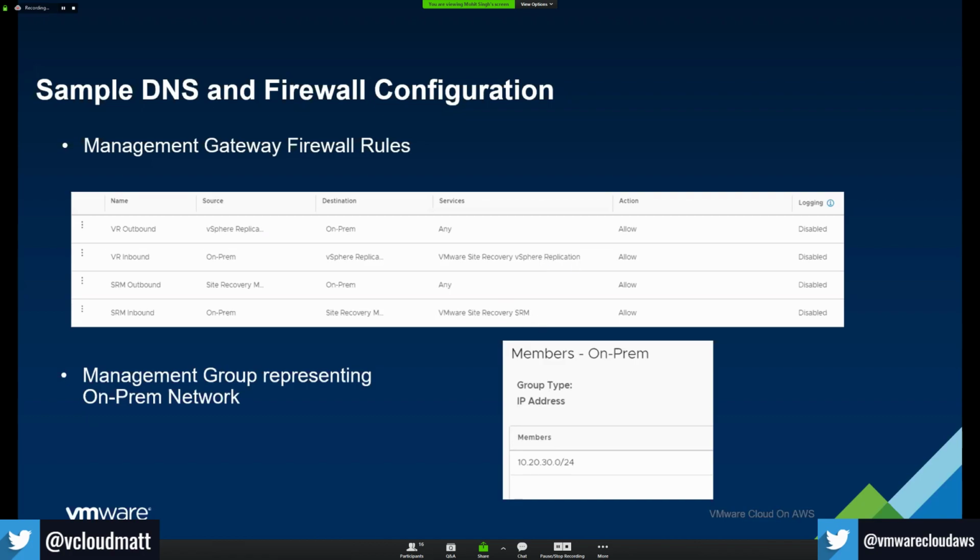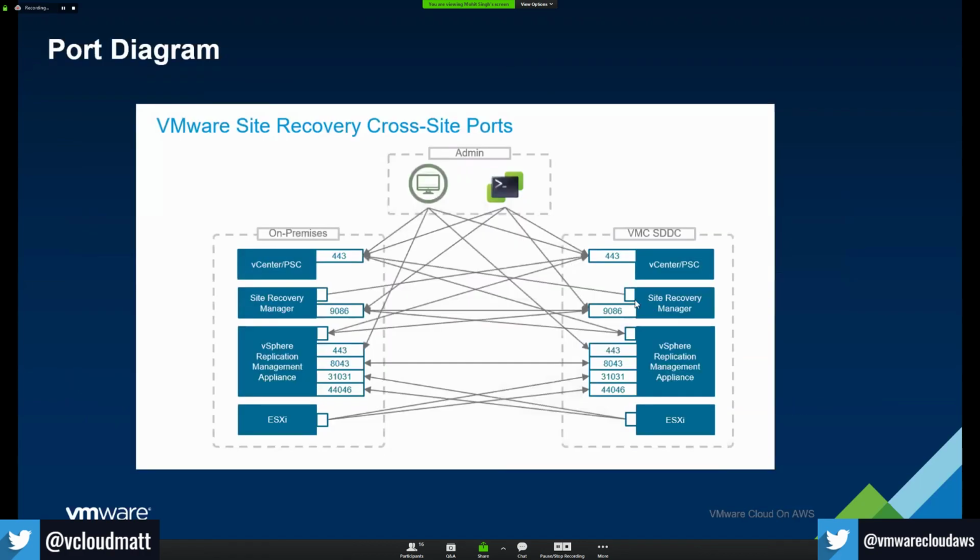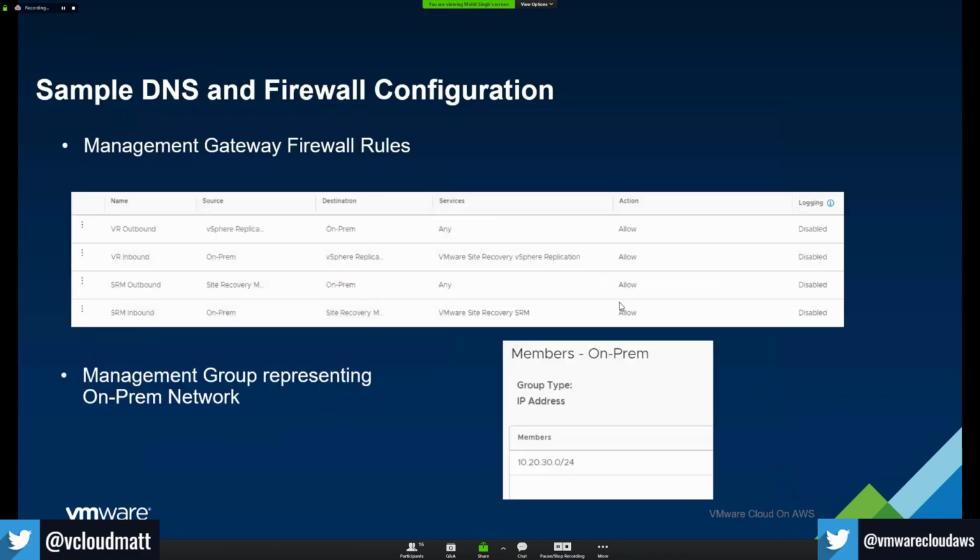These include all the ports you see here. So for SRM, it will include 9086, and for VR, it would include all these four ports. So earlier we had to include all these ports manually. Now, with just one service, all the ports you saw there would be included in the firewall.